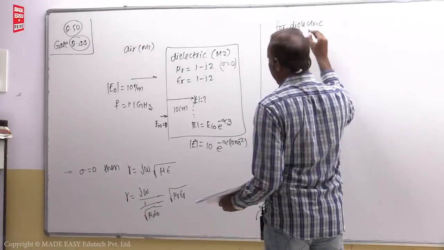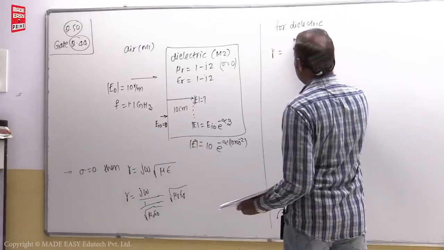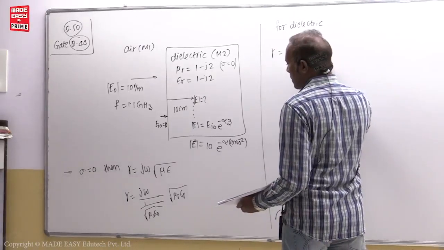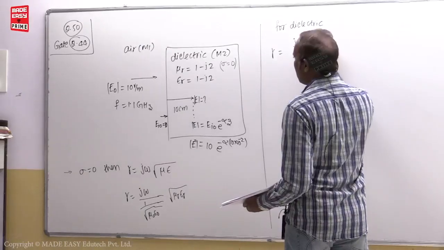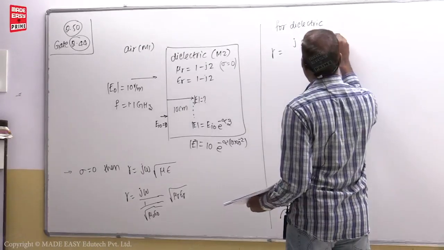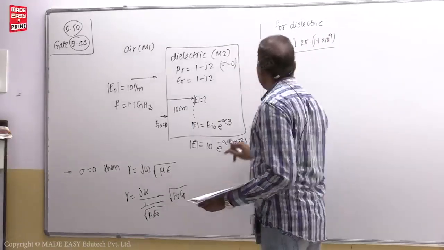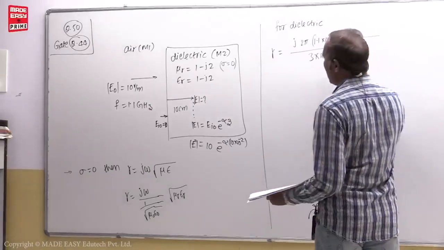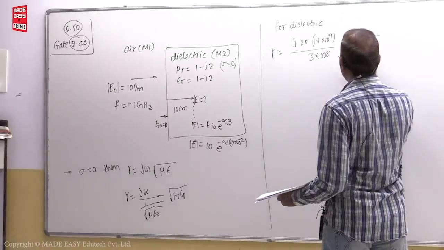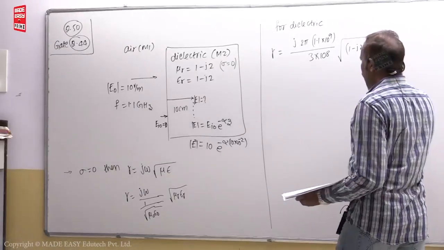For a dielectric medium, gamma is equal to j omega, where omega is 2 into pi into 1.1 into 10 to the power 9, divided by c, that is light velocity 3 into 10 power 8. Then root of mu r, which is 1 minus j2, times epsilon r, which is also 1 minus j2, under root.